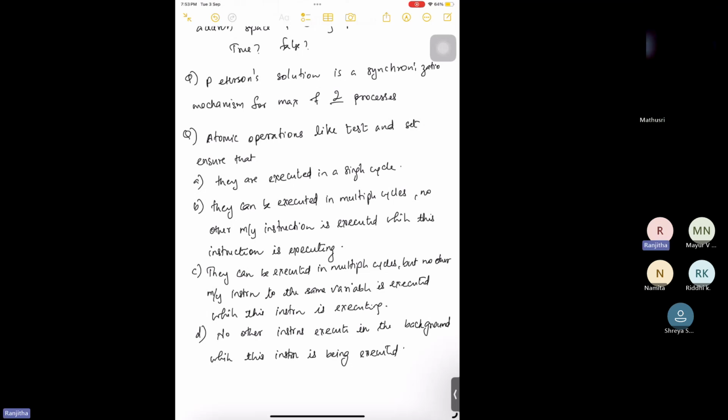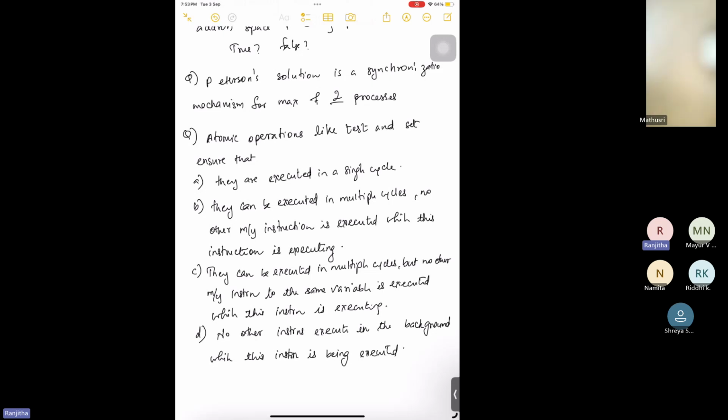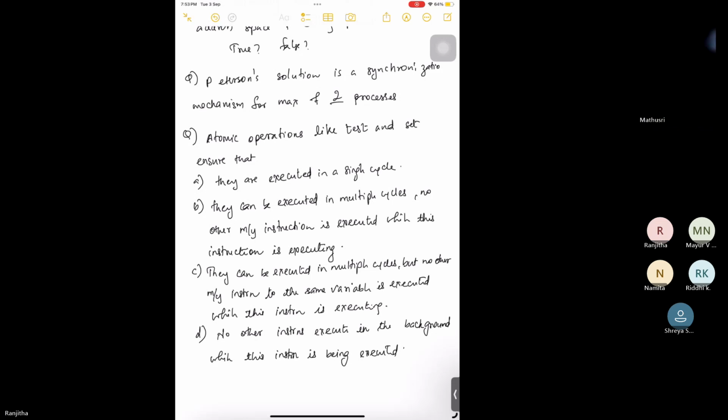And the last option is no other instructions execute in the background while this instruction is being executed. Which option is correct? Option C. Right. So option C is the right answer.